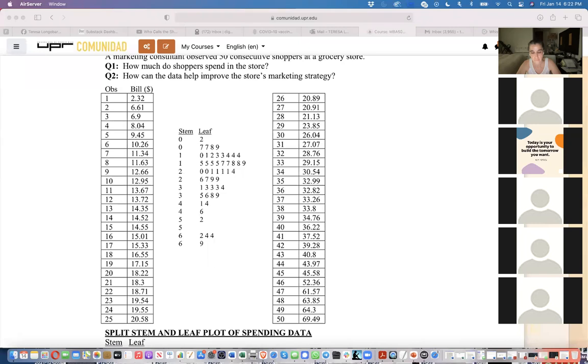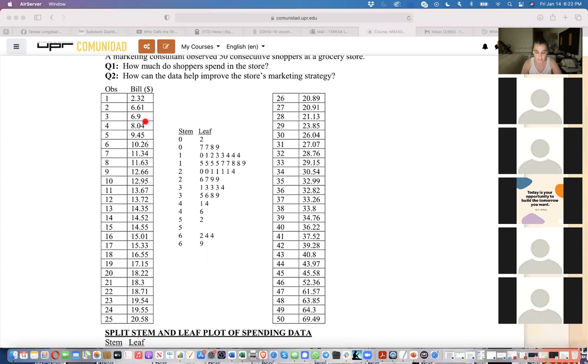You take in account the list of the price from the minimum to maximum. Okay, so the first value, it represents this number. So I've taken the data and I put it in order first.